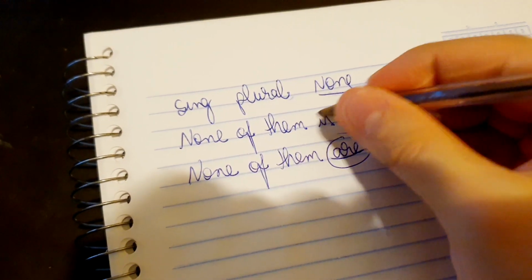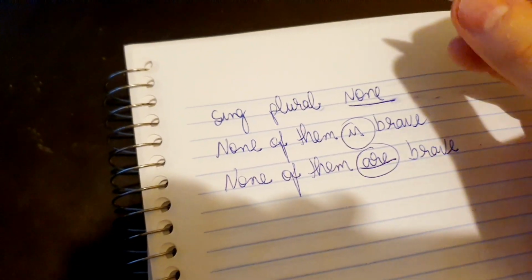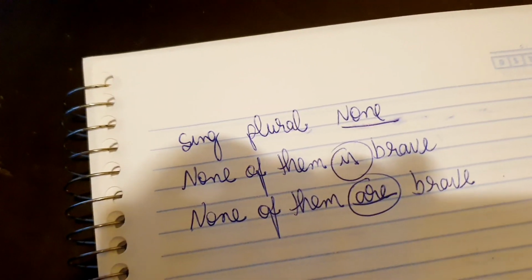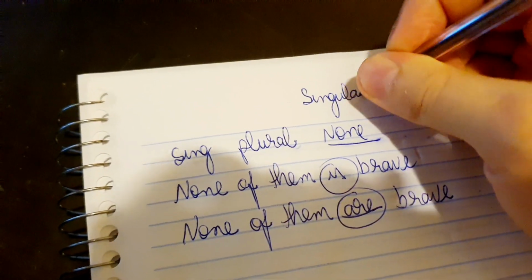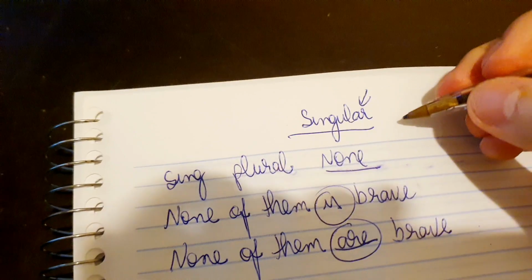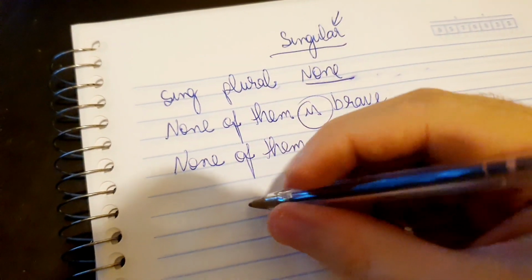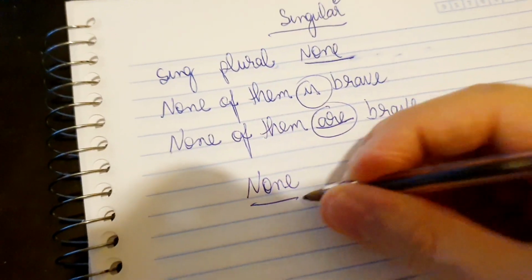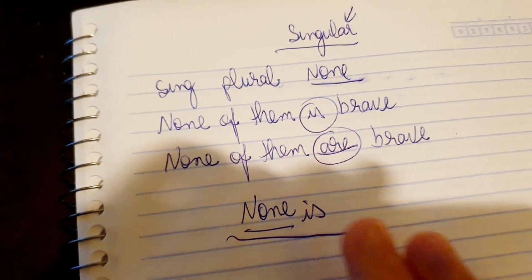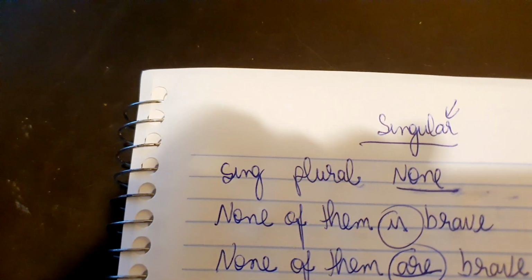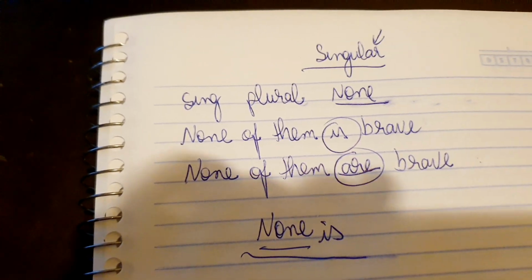So you can choose whichever sounds more natural to you, or if you want to play it safe, it's advisable to use the singular, so you don't make any mistakes. So whenever you have any doubts about it, none is the safest bet for you, okay? The safest bet for you. But remember that it's also possible to use none are, depending on the situation, of course.